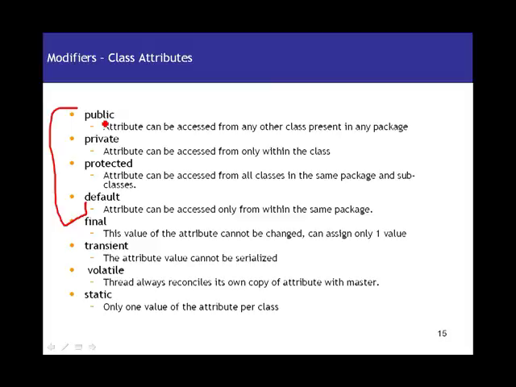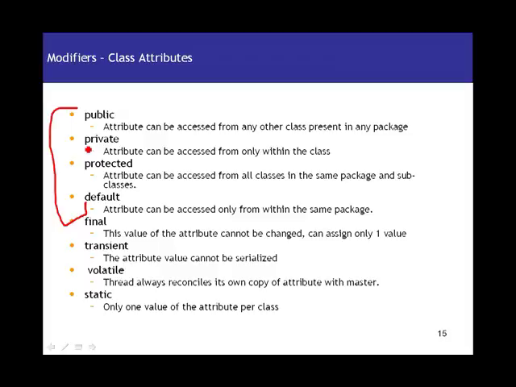Next, private. Private means I can only access this particular instance variable from within my class. So no class outside this particular class can access the value of this instance variable which is declared as private. Protected has a special meaning.